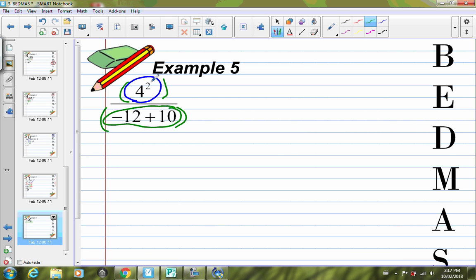So I'm going to do the top first. What does the top give me when I do that? 4 squared. 4 squared gives me 16. And I'm going to put divided by -12 plus 10. So I took care of my top.